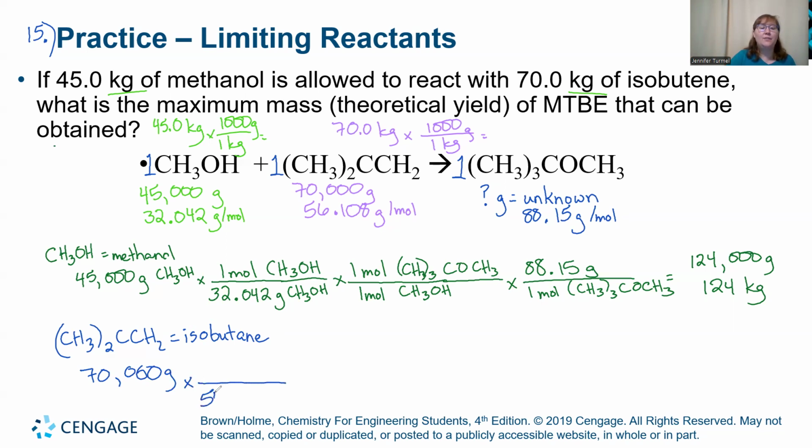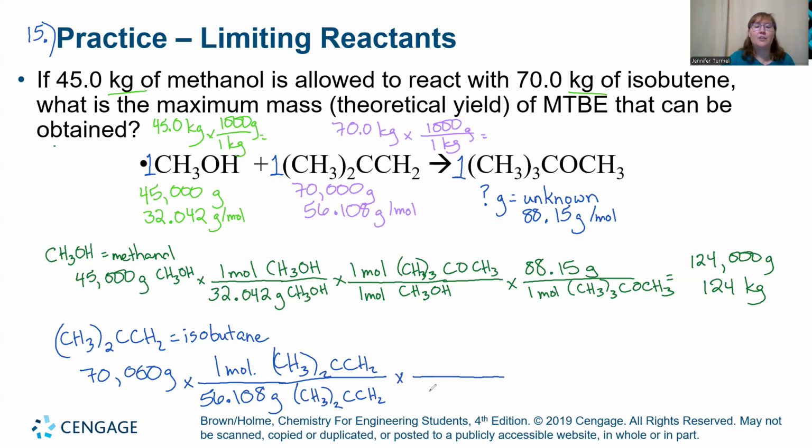And then the molar mass, 56.108 grams of our isobutane, per mole. It's hard to write. Okay, so now we have our mole ratio. On the bottom, we have 1 mole of our isobutane.